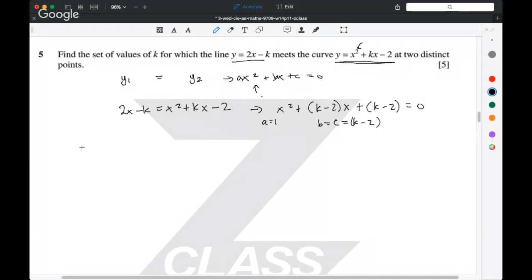And if you remember the formula, which should be engraved on your heart, x is equal to minus b plus or minus the square root of b squared minus 4ac all over 2a. This thing inside here is the discriminant, delta. And delta decides how many places the two curves meet.